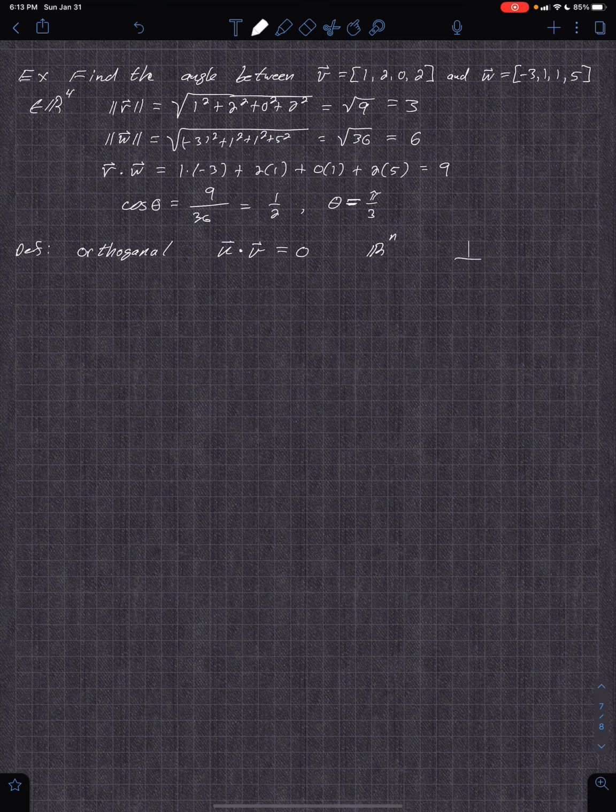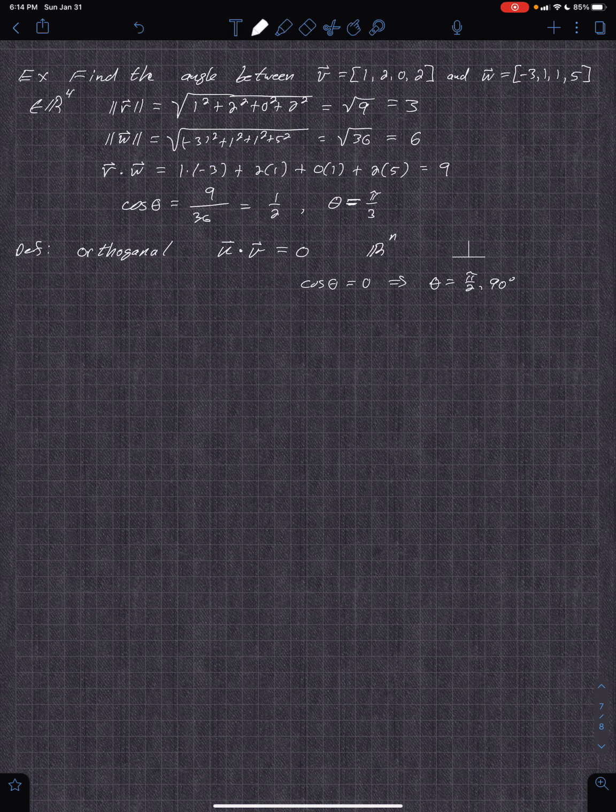And we can talk about perpendicular because you get cosine is 0, and that implies that the angle is pi halves or 90 degrees. But what we really are after, what makes more sense, is the dot product being 0, so that you don't have to worry about angles and stuff.